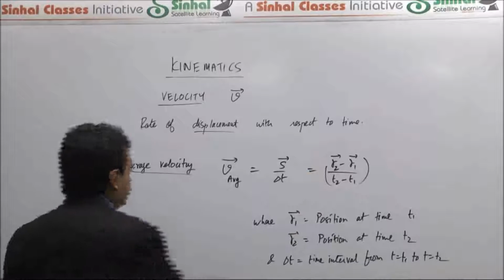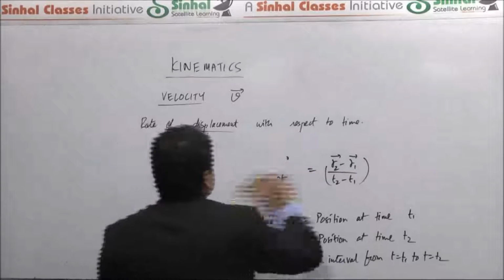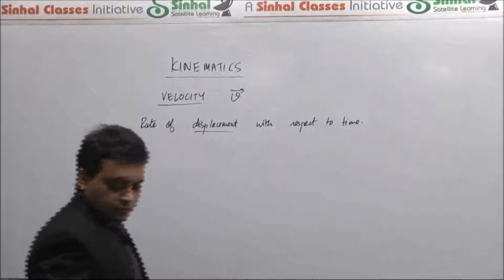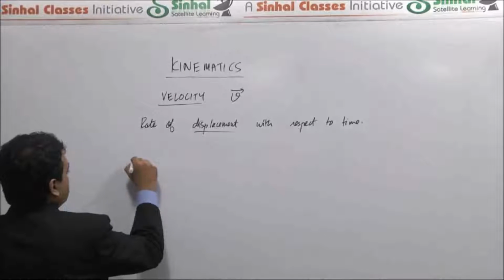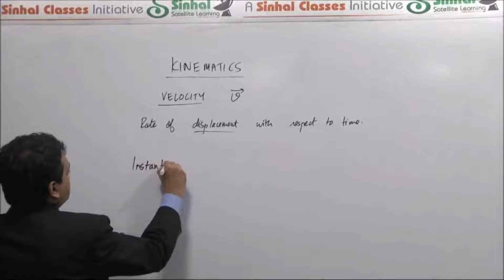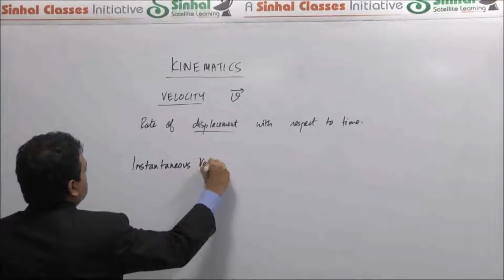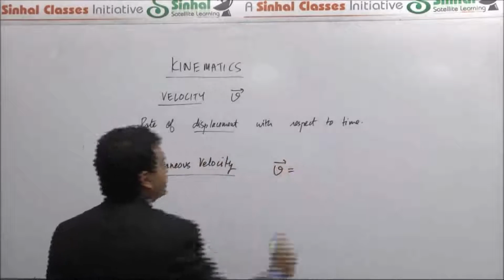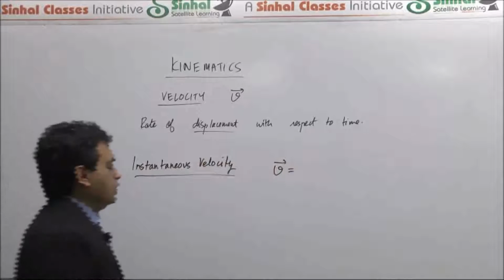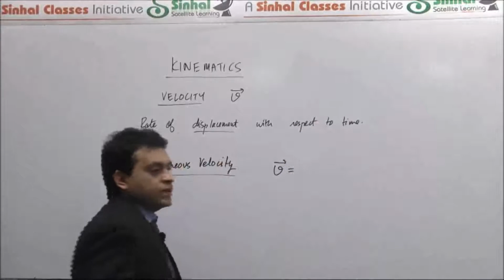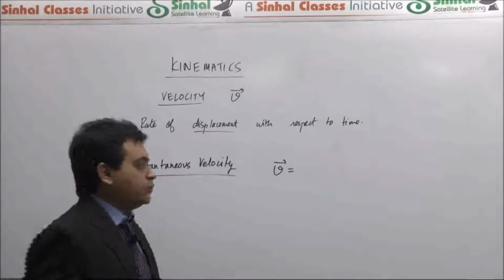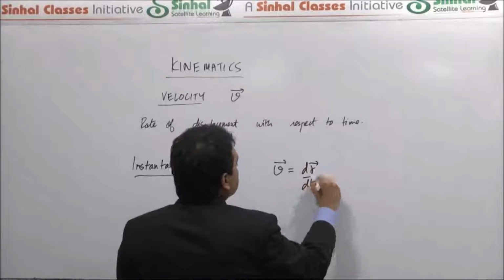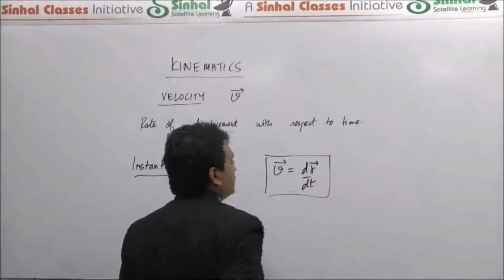Whereas if you're talking about instantaneous velocity, just like we've seen earlier, instantaneous rate of change is rate of change for a very small interval. So it's the rate of displacement with respect to time for an infinitesimal or very, very small interval of time. So we will just define it as the instantaneous rate of change of position with respect to time.